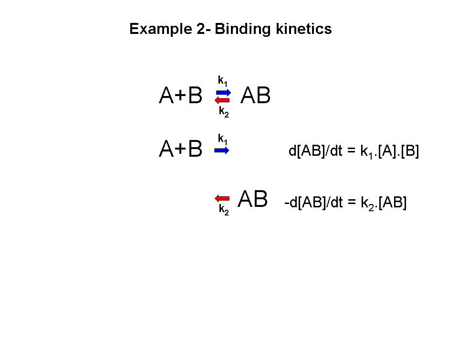So the rate of change of concentration of AB is dependent on the concentration of free A, the concentration of free B, and this K1 constant. This is so because for this reaction to happen, A and B have to encounter each other.